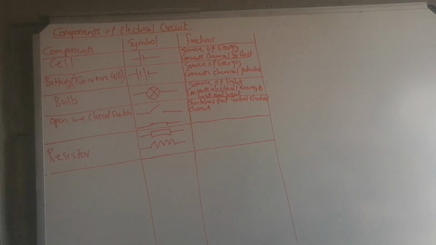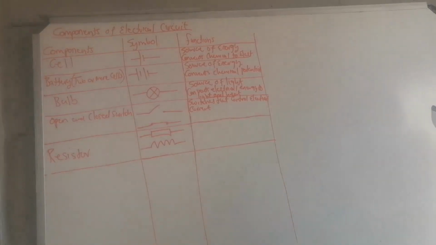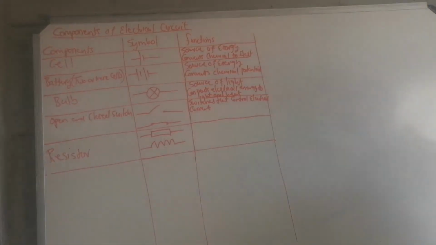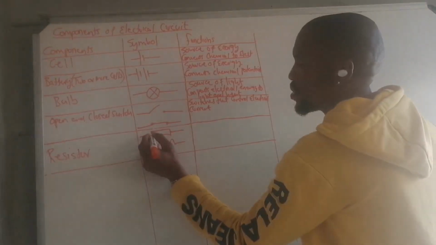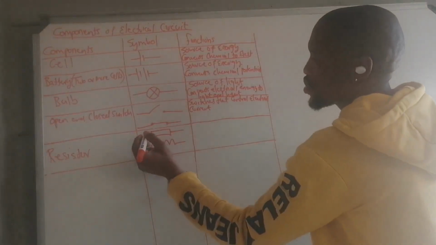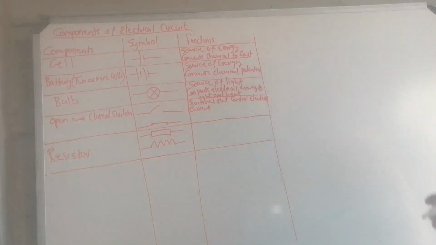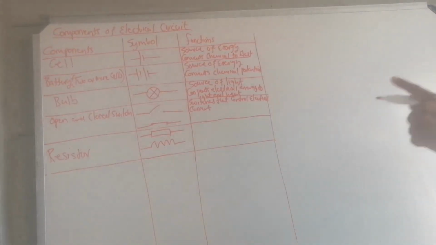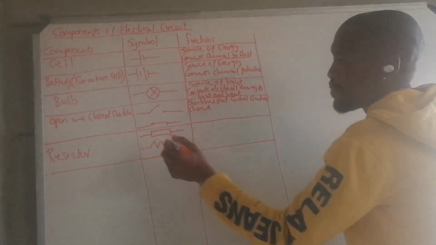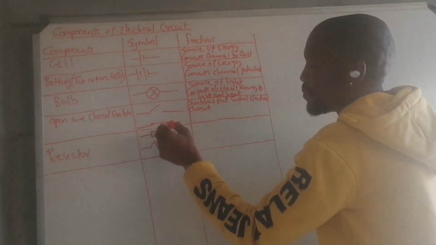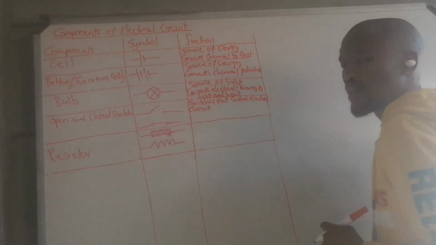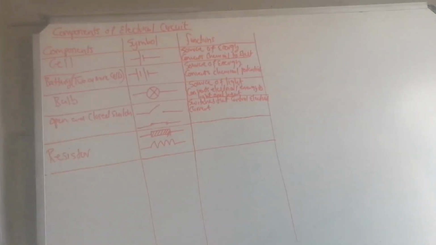It resists or it opposes the flow of electrical current. That is exactly what we said. Again, it acts as a barrier. So when the electron reaches this point, trying to overcome the resistance, because this is a barrier, it opposes the flow of electrical current. In the process of trying to overcome this resistor and get to the other side, energy is dissipated.